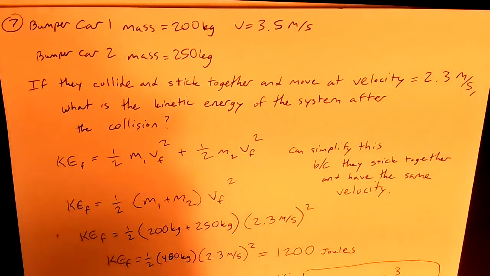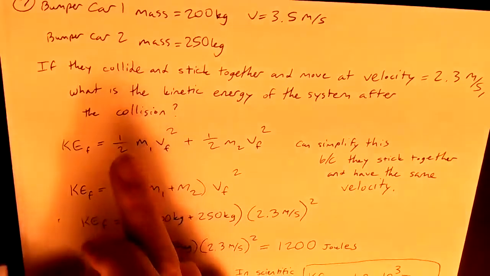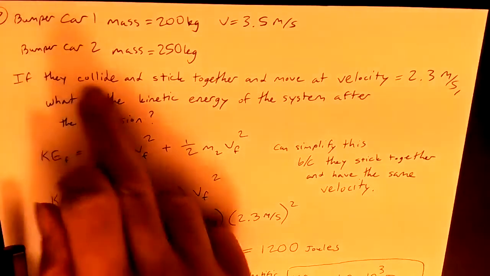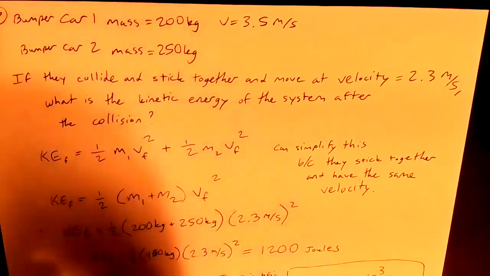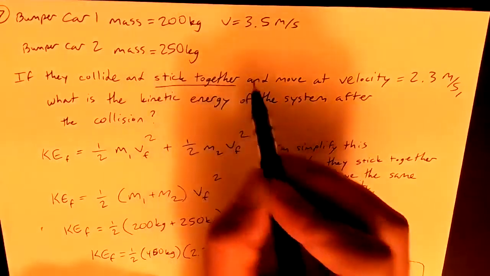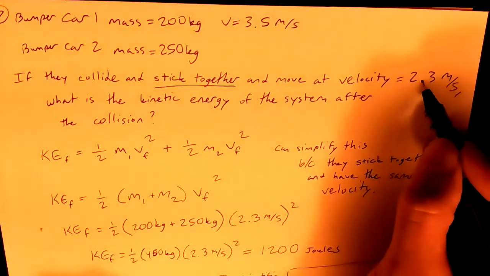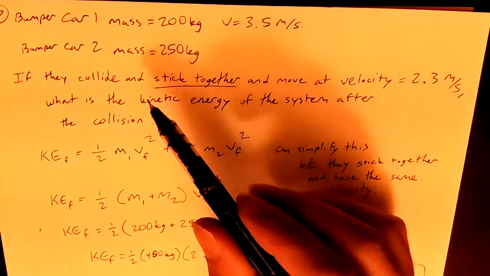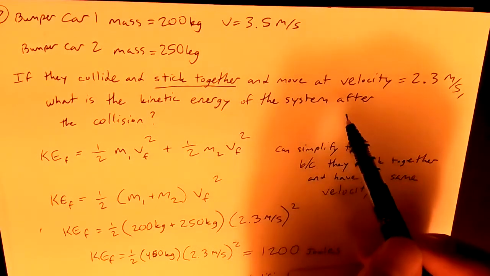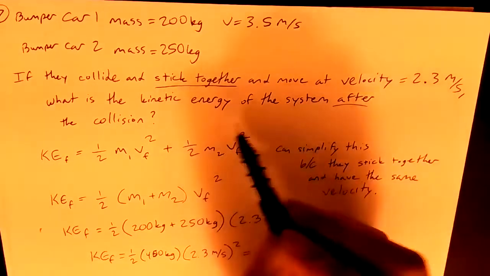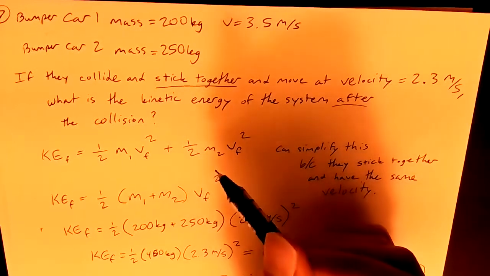Then there's a second bumper car. It has a mass of 250 kilograms. And we're asked, if they collide and stick together, that's a big red flag, and move at a velocity of 2.3 meters per second, what's the kinetic energy of the system after the collision?